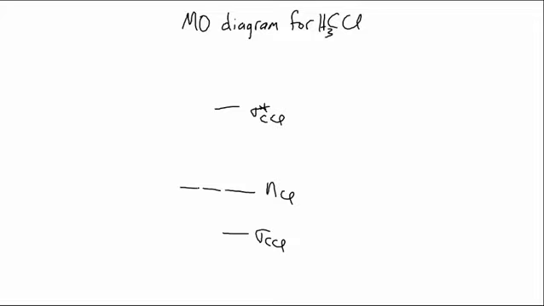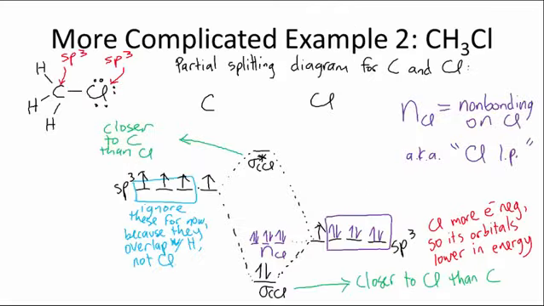What other orbitals am I going to need to include in my diagram? What haven't I considered yet?